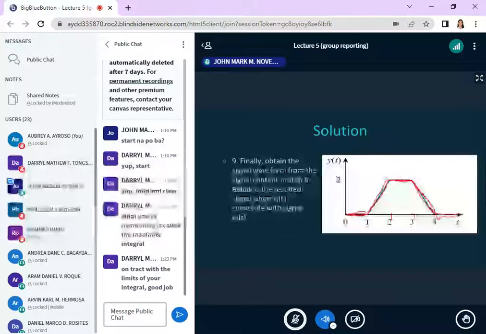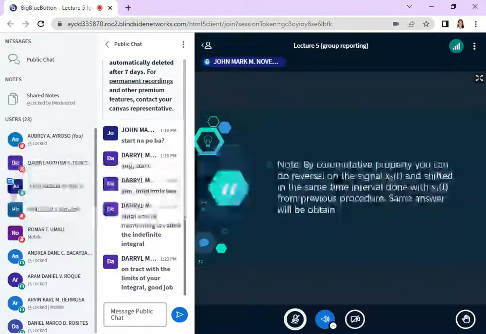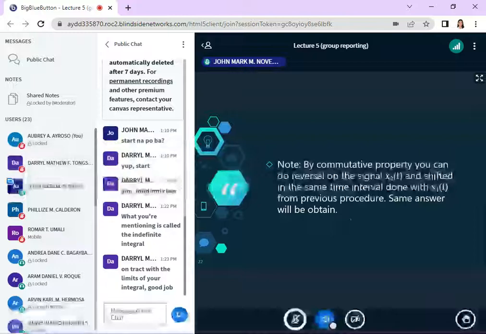And yun ang signal convolution. And note, by commutative property, you can do reversal on the signal x sub 2 t and shift it in the same time interval done with x sub 1 from the previous procedure. Same answer will be obtained. So, ibig sabihin lang nito ng ating note na to, kanina kasi yung x sub 1 ang ating time reverse, tapos time shift.